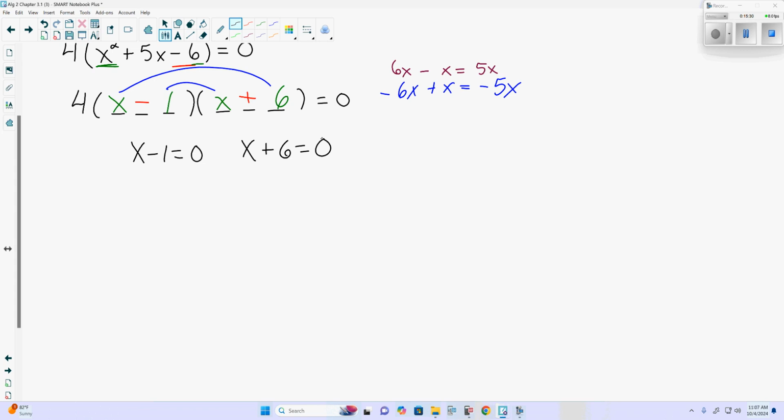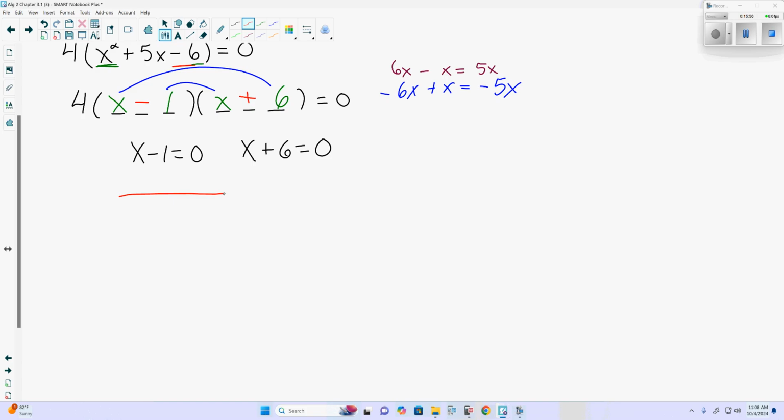So at this point, it doesn't matter. It's just there because we're saying, really, I have 4 times an amount times another amount equals 0. The two that I can, x minus 1 and x plus 6, are the ones that can be 0. I can't change the 4 without changing the problem. Because the main ones we're focused on are x minus 1 and x plus 6.